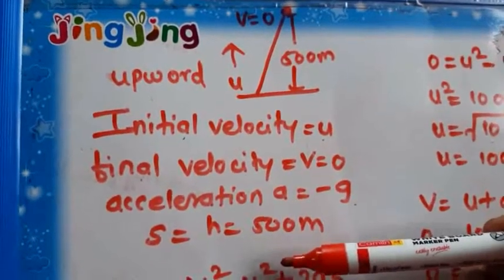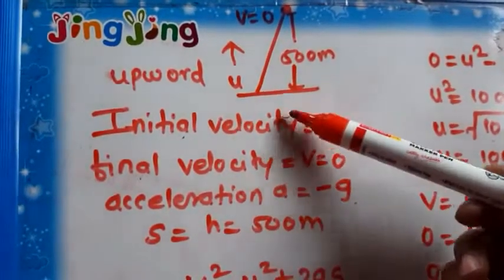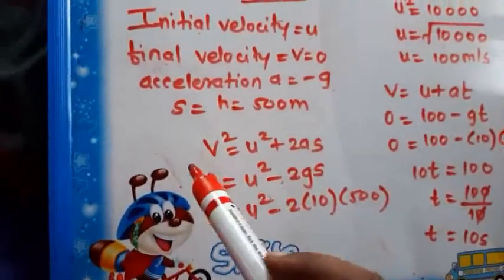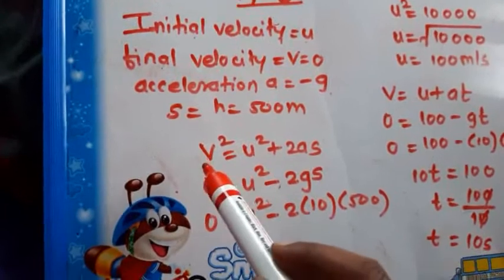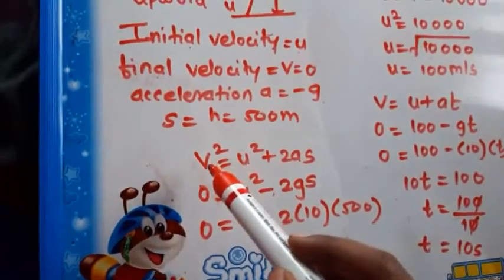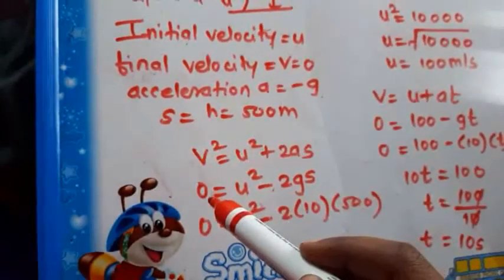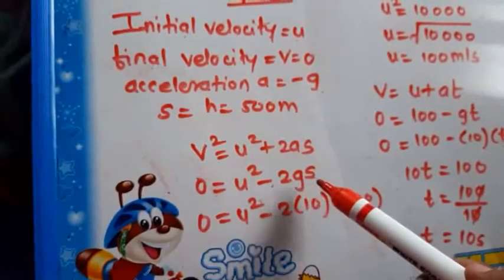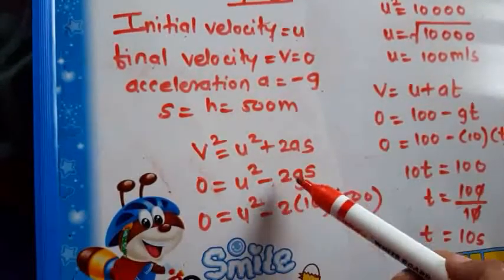Now we want initial velocity, that is value of u. So with the help of third equation of motion, v square is equal to u square plus 2as. V square will be 0. U square minus 2gs because acceleration is negative.